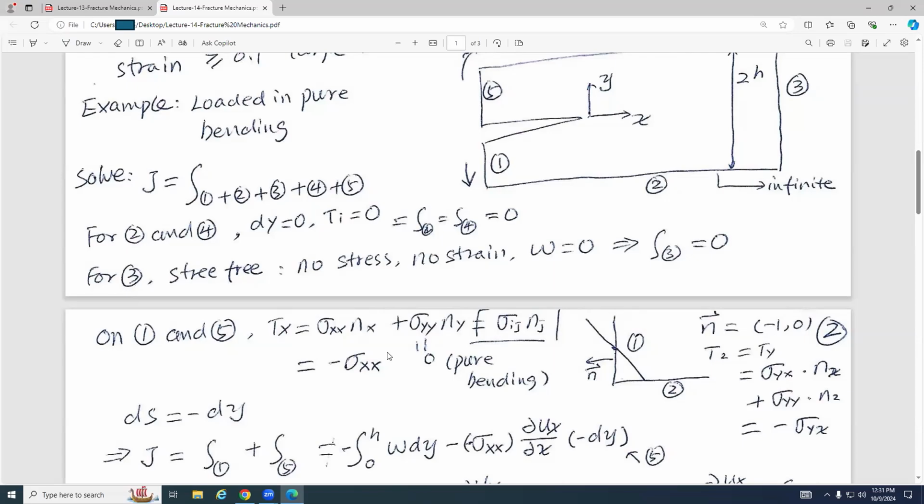So this is my nx, and this is my ny. You just plug in: ny equals 0, so this term is gone, and nx equals -1, so Tx equals minus sigma xx. So this is how I get this sigma xx.